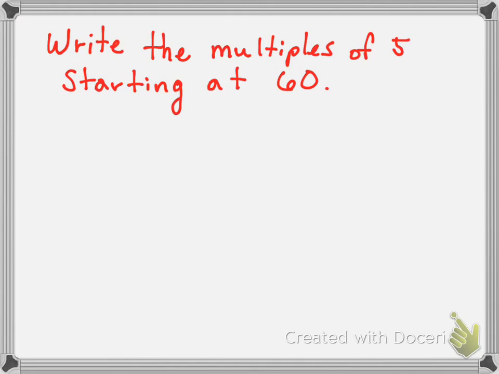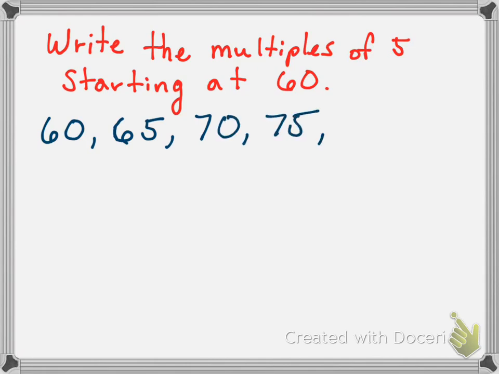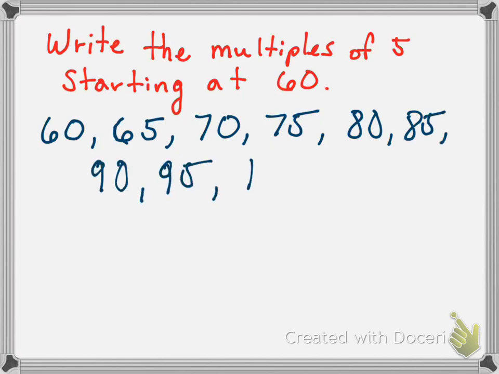In the next one, it says, write the multiples of 5 starting at 60. So, starting at 60, multiples of 5: 65, 70, 75, 80, 85, 90, 95, and we'll stop here at 100. These are multiples of 5, but we started at 60.